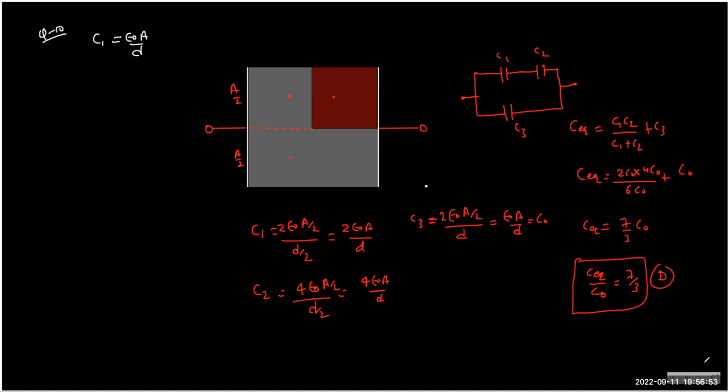So let's go back to the next one. So we can go for the cylindrical capacitor. So we have two concentric cylinders.